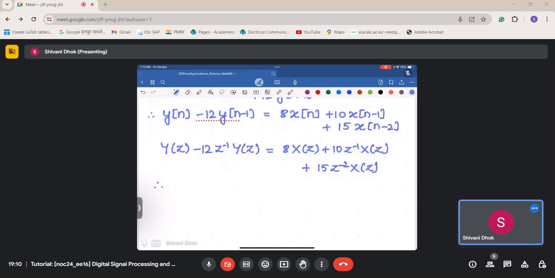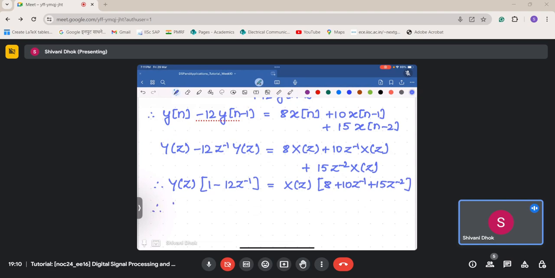So therefore Y(z) multiplied by 1 minus 12 z inverse is equal to X(z) into 8 plus 10 z inverse plus 15 z to the power minus 2.